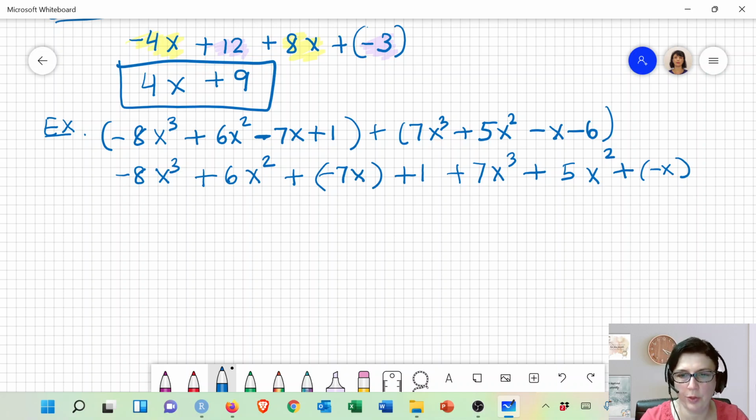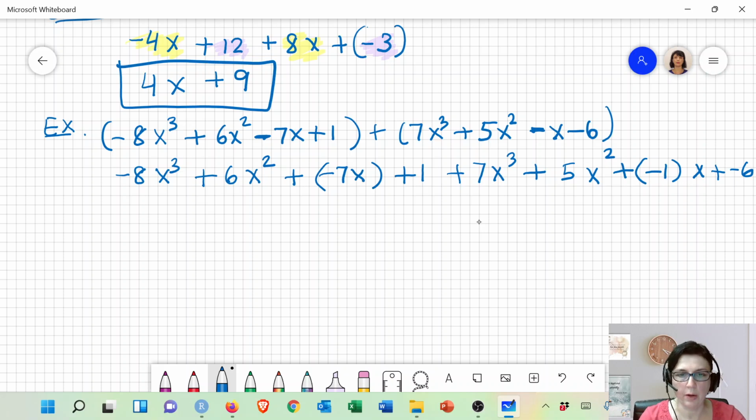Actually, whenever you see a minus in front of a variable, I would suggest don't leave it as just a minus, leave it as minus 1. Okay, so I'm gonna do plus minus 1x. Oops, it doesn't want to change. Okay, and then plus minus 6.